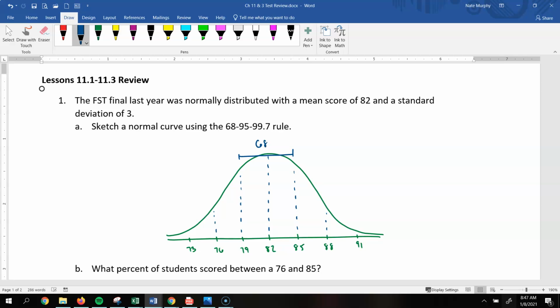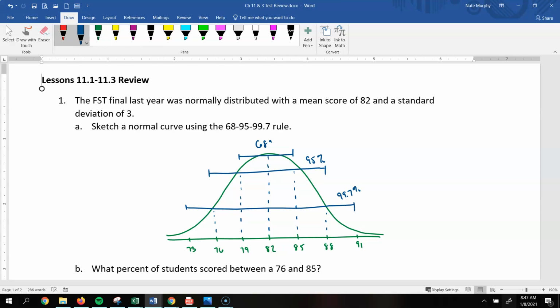The 95% is within 2 standard deviations of the mean. And the 99.7% would be within 3 standard deviations of the mean.